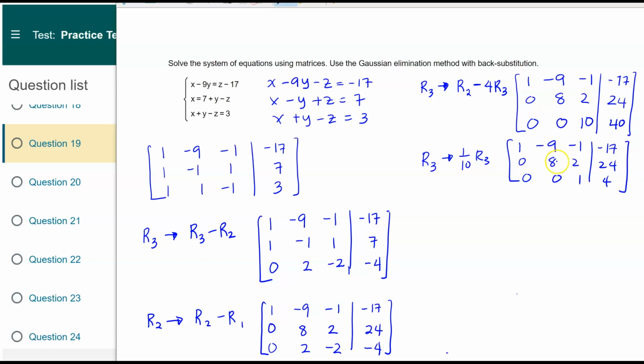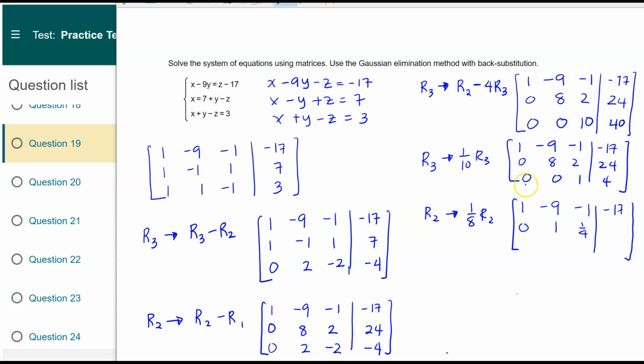Then you make this equal to 1. So your R2 will just be 1/8 R2. So you have 1, minus 9, minus 1, negative 17. And then you have 0, 1. 2 divided by 8 is 1/4.